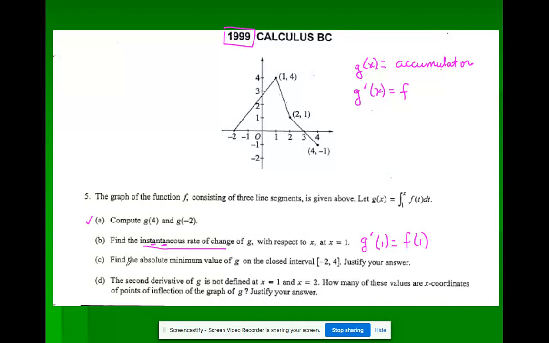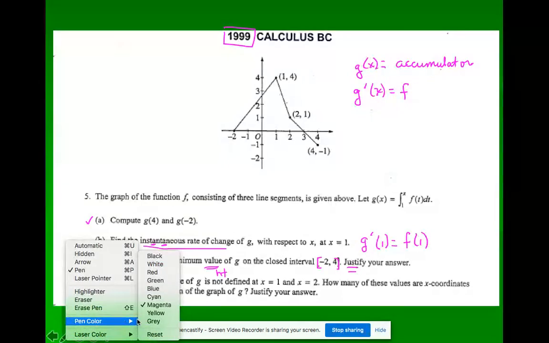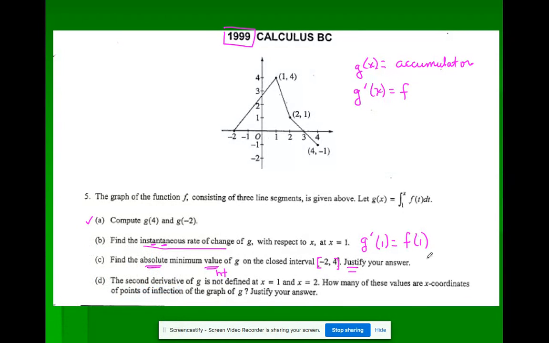Find the absolute minimum value. So they actually want a height on the closed interval. Justify your answer. So what I'm going to say here, the hints that I'm going to give you here, are your suspects. Make a suspect list and include the endpoints. And where the derivative, what are you looking for? A minimum.